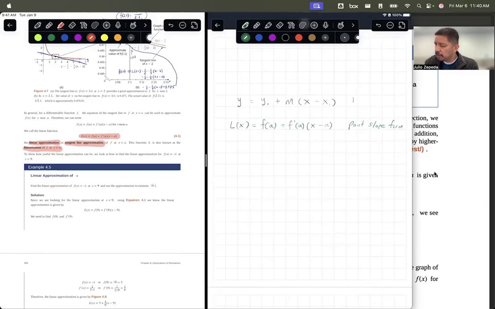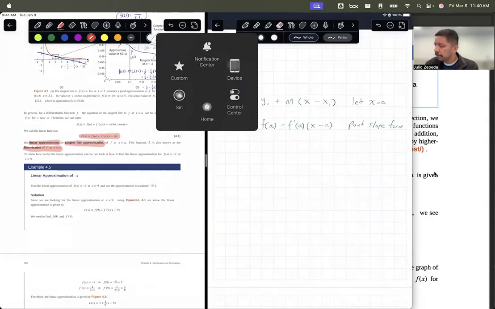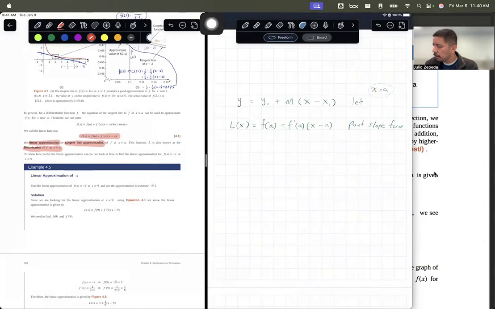Here, we just let x1 equal a, so y1, which is just f of x1, becomes f of a. And we know that the slope that we're referring to is the slope of the tangent line, which we learned here in calculus, that this is just the derivative evaluated at a. Okay, so that's how this equation becomes what we call the linearization of f at x equals a.